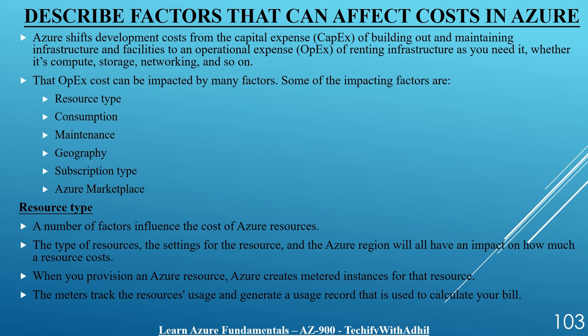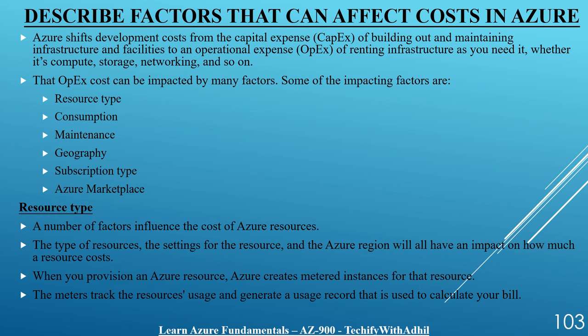While creating, there's an option to choose the Azure region. Based on the region you choose, there will be a change in cost, and also the settings for the resource. For example, the redundancy you choose, like using GRS redundancy or LRS, so based on that your cost also will vary. So that's what the second point is.